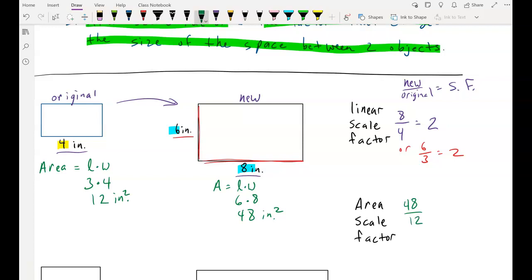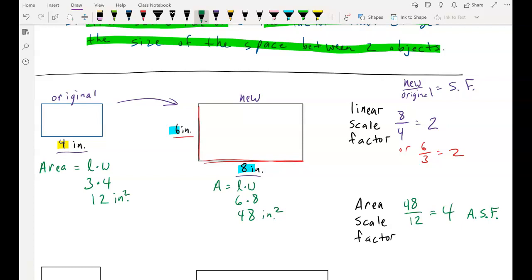We divide those. 48 divided by 12, and that gives us 4. So it has an area scale factor of 4. That's very interesting. We'll come back and take a look at that in a few minutes.